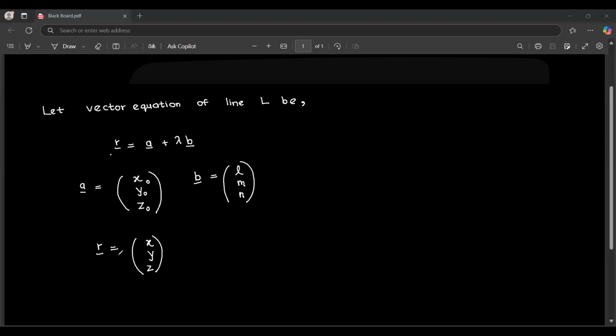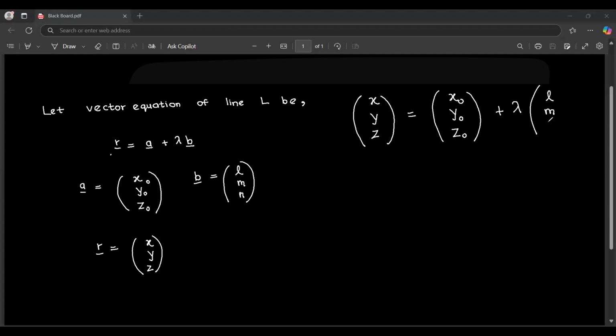How can I convert this vector equation into the parametric form? First of all, let's write this down. We have x, y, z equals x0, y0, z0 plus lambda l, m, n. Since this is a vector operation, I can simplify this side.